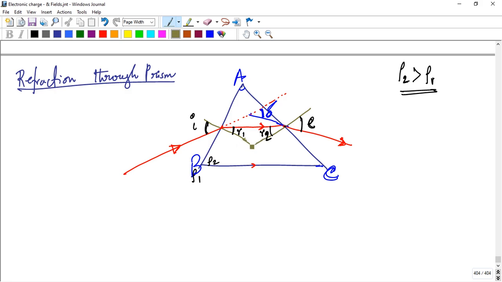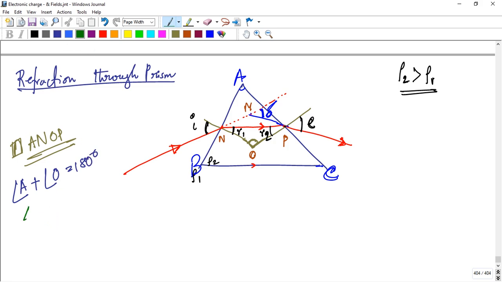Now, if I extend these two normals, they cut at this point, and suppose we name the figure A N O P. You see that A N O P is a quadrilateral with right angles at the two surfaces, so if I add the opposite angles, we get 180 degrees. That means angle A plus angle O equals 180 degrees. Now similarly, consider triangle N O P. If I add the three angles of the triangle, we also get 180 degrees.